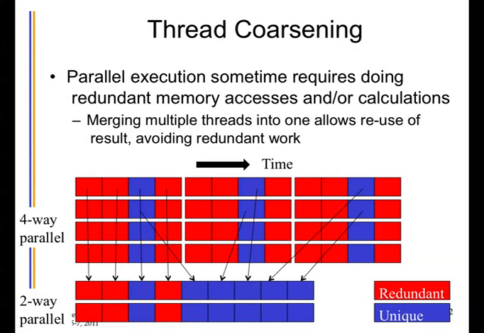Okay, and when that happens, you could end up doing a lot of redundant work in every thread, just so that they can all run in parallel. And when the thread is doing very little work, the redundant work could actually be more than the real work it does. Okay, and this happens a lot in the very fine-grained parallelization.